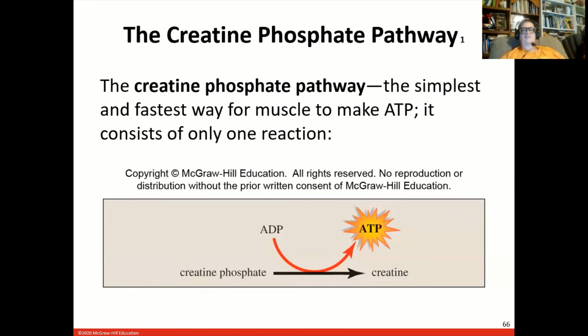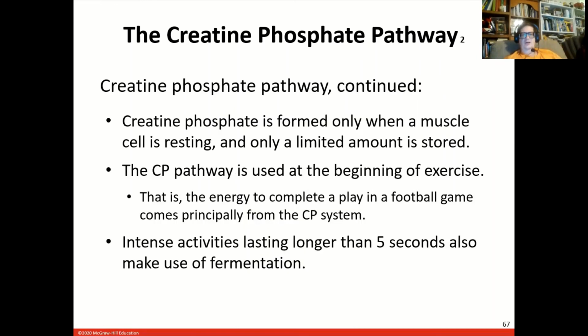All right, so creatine phosphate is the simplest and fastest way for a muscle to get ATP, and it's one reaction. You break down creatine phosphate into creatine, and in the process, you turn ADP into ATP. Ta-da. All right, creatine phosphate is formed when a muscle is resting and you store a little bit of it.